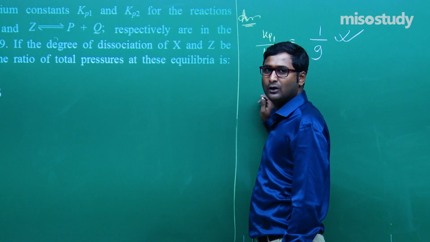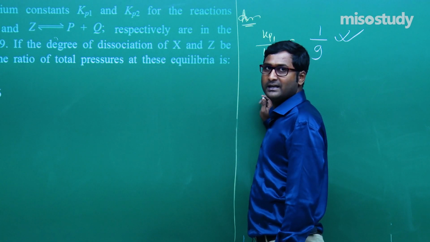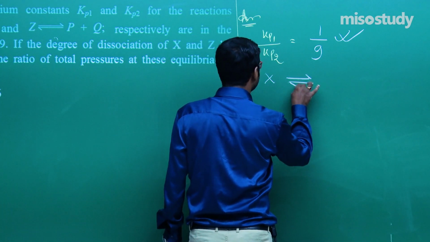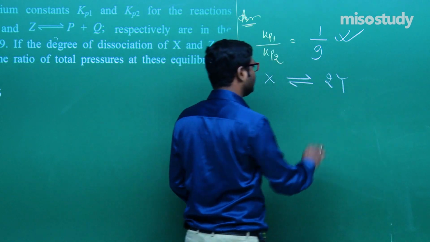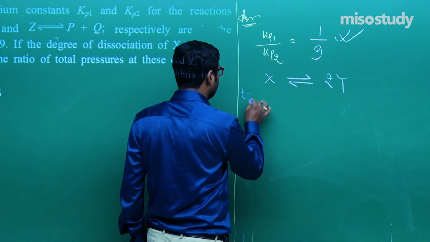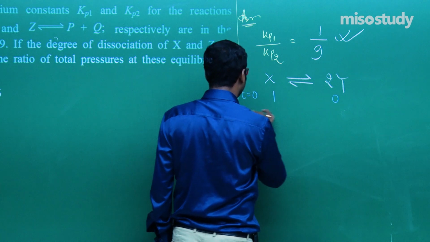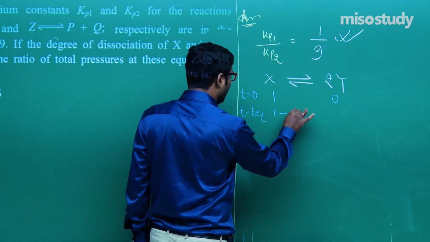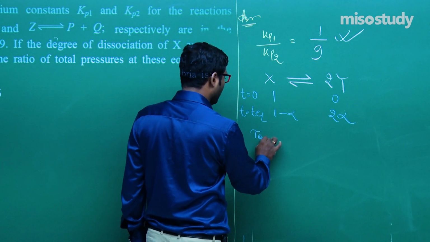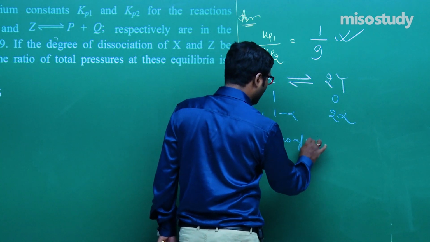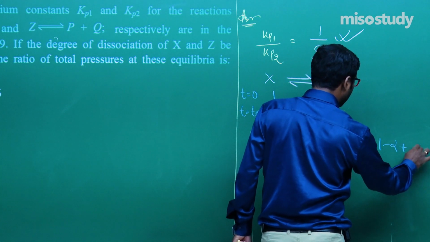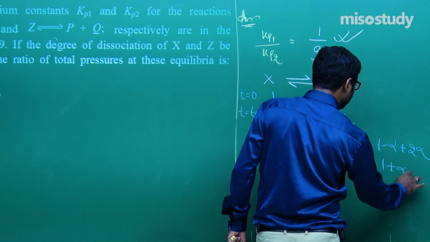First of all, we have to write down the expression for Kp1 and Kp2. So write down the expression: X gives you 2Y. Let us assume at t equal to 0 we have 1 mole, then at equilibrium, 1 minus alpha and 2 alpha. Total number of moles at equilibrium is 1 minus alpha plus 2 alpha, that is 1 plus alpha.